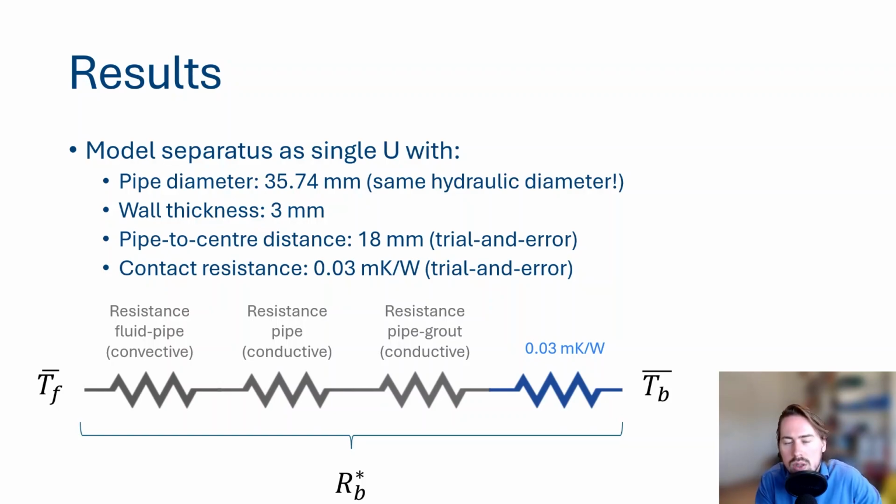And this is also found by trial and error, and 0.03 meter Kelvin per watt was found to be rather well in line with the measurements. So this is actually the model which is implemented into GHEtool, and we added this extra resistance to the short-term effects.